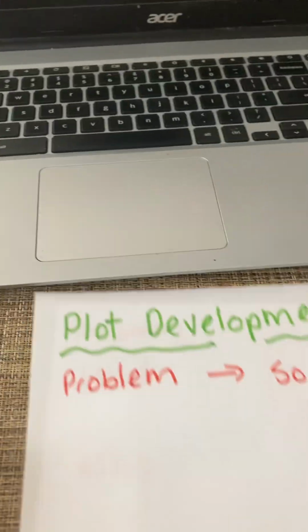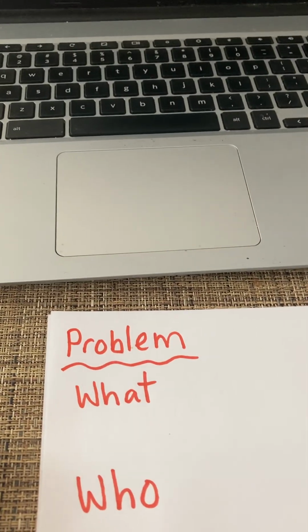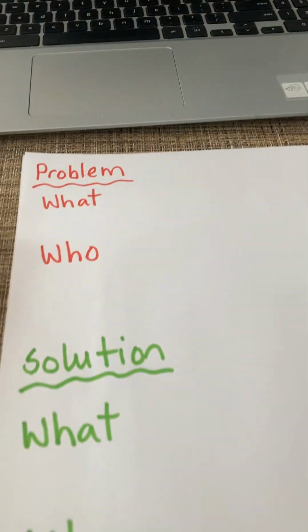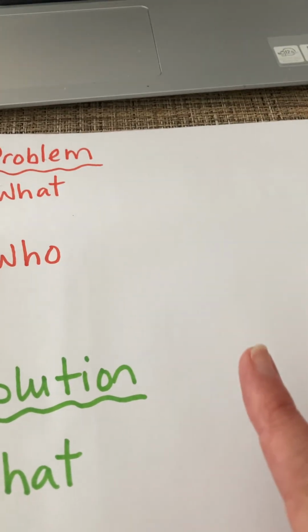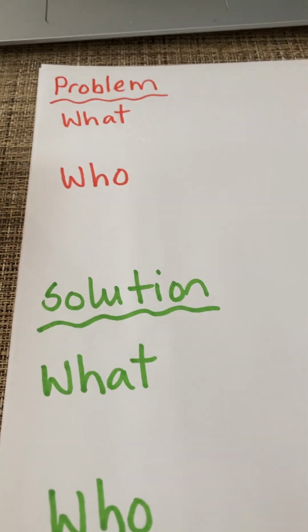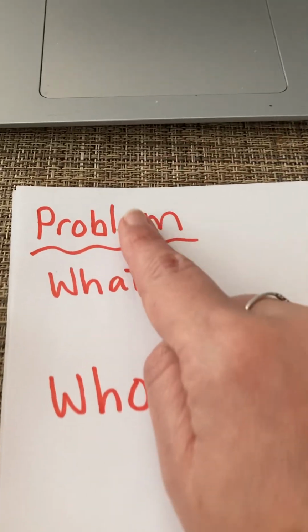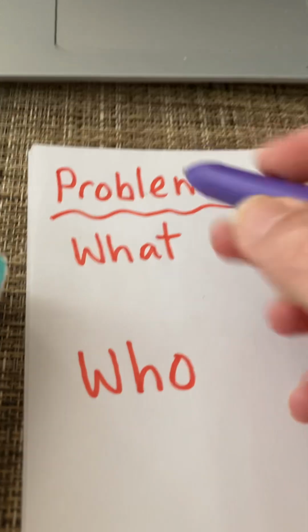So what we're going to do this week in your reading, and I'm trying to keep the amount of writing really down this week so that you can focus on writing your story, okay? But as you read, I want you to look for a problem. So let's imagine that it was just at the start of the story.